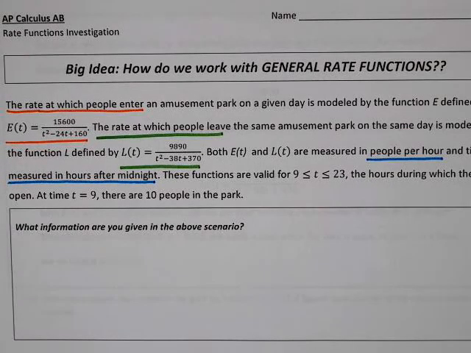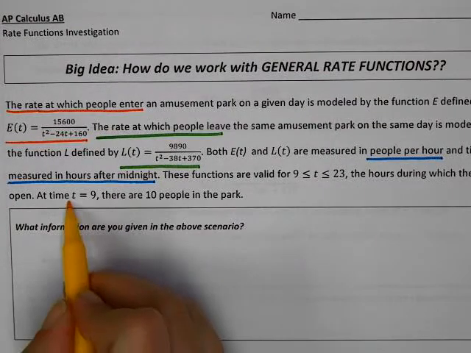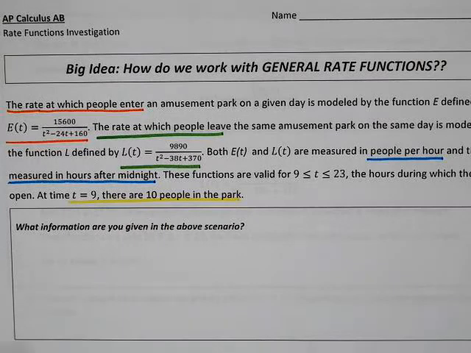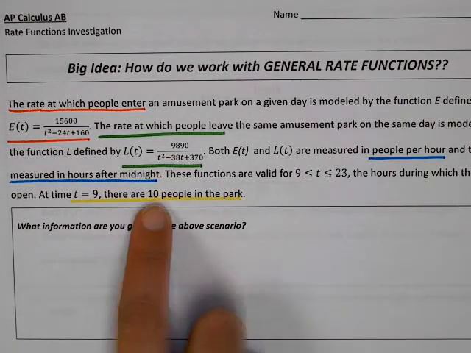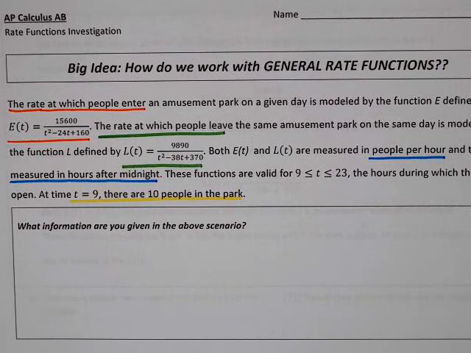Finally, and they're going to give you this information, and it's really important that you watch for it. They tell us that at t equals 9, there were 10 people in the park. This right here is an initial value. They're giving us an initial piece of information. So at t equals 9, at the beginning of what they said we could do, there were 10 people in the park. So what information are we given?